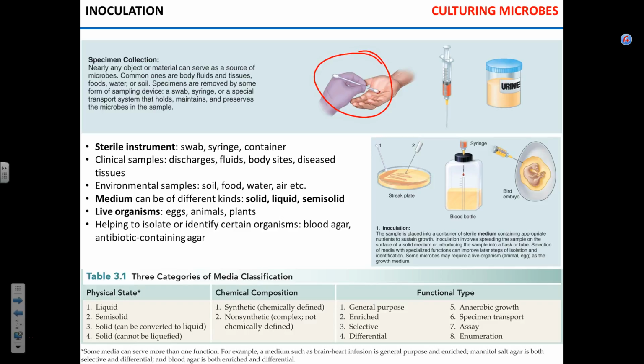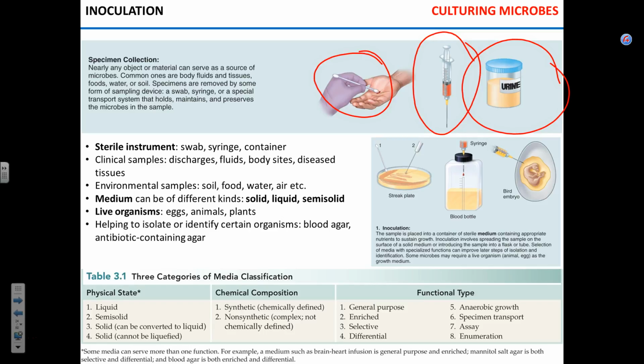The syringe that you use to collect, say, a patient's blood is sterile. The cup that is used to collect urine is sterile. You don't want to contaminate your sample with whatever you have on non-sterile instruments.